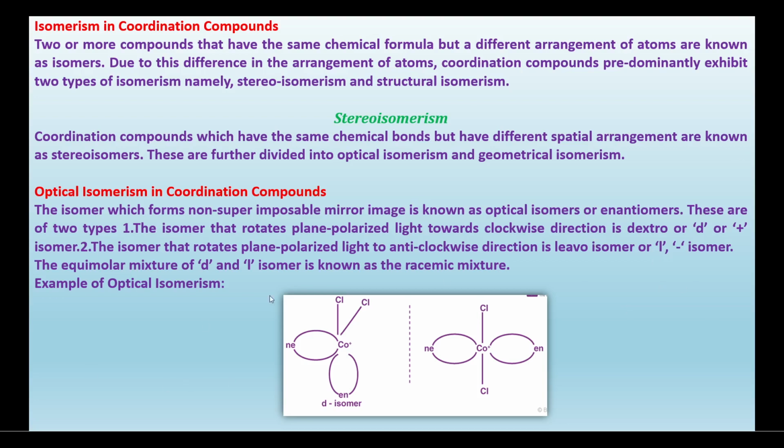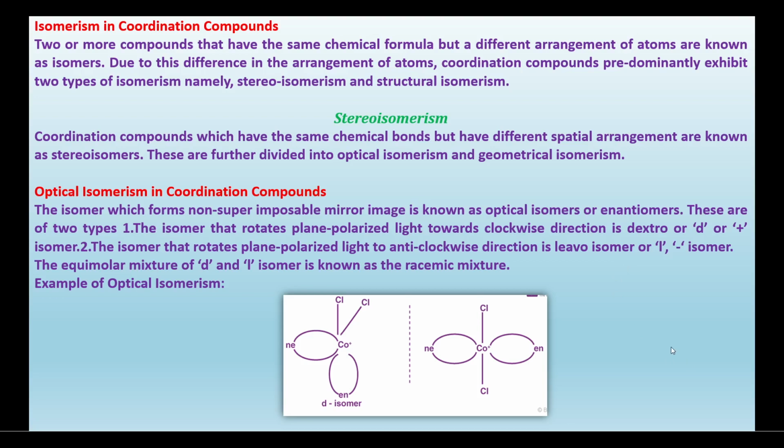Optical isomerism is the isomerism that forms non-superimposable mirror images, which are optical isomers or enantiomers. There are two types: dextro and levo. Dextro rotates plane polarized light in the clockwise direction.